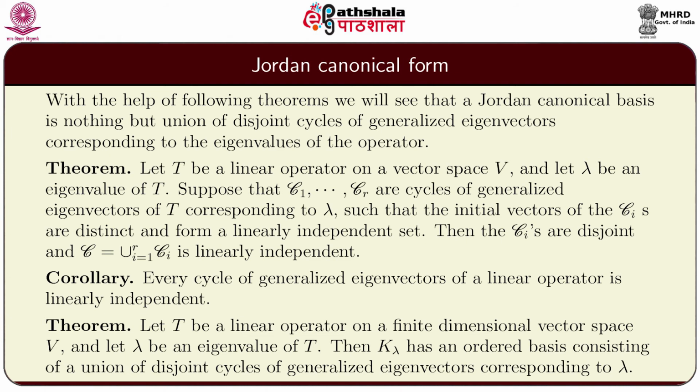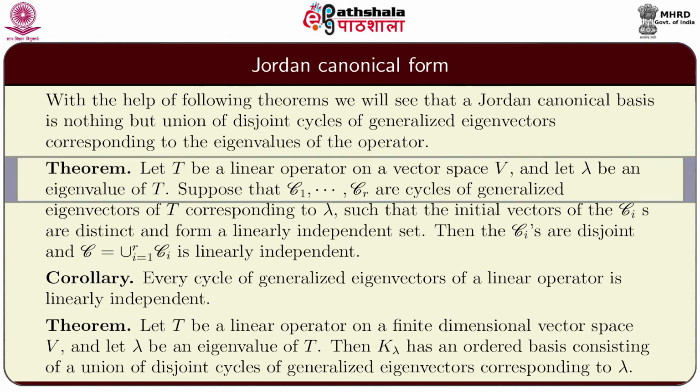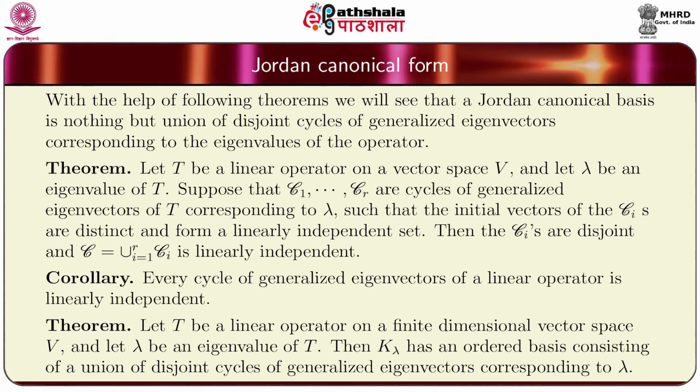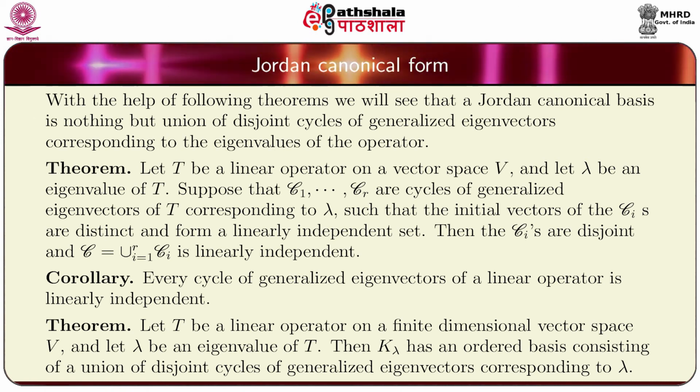So, first theorem says that let T be a linear operator on a vector space V and let lambda be an eigenvalue of T. Suppose that C1 and so on Cr are cycles of generalized eigenvectors of T corresponding to lambda such that the initial vectors of the Ci's are distinct and form a linearly independent set. Then the Ci's are disjoint and C, which is the union of C1, C2, Cr, is linearly independent.